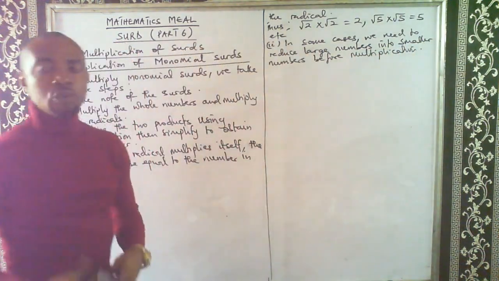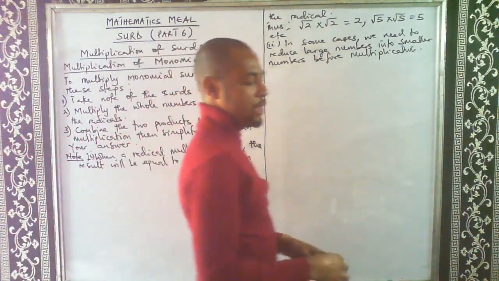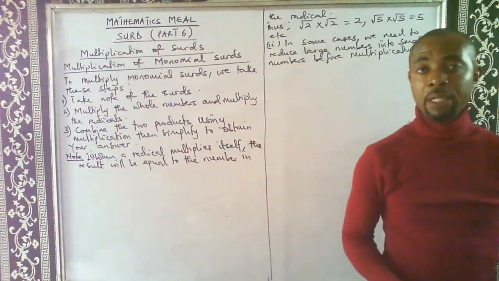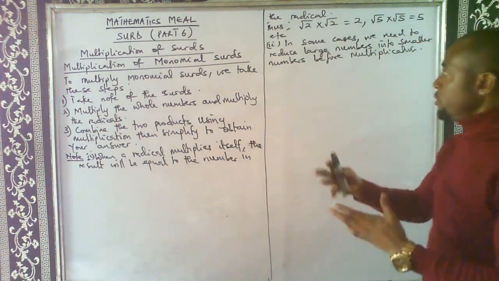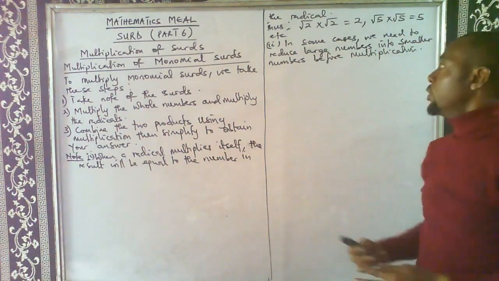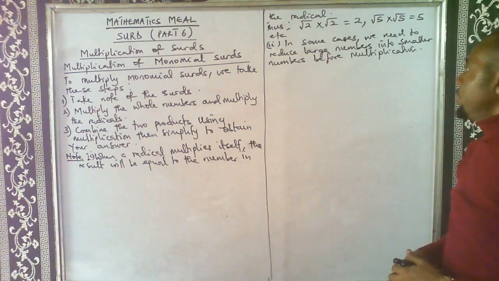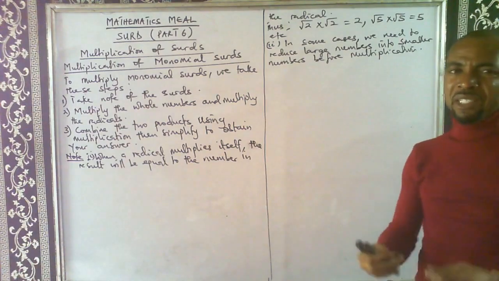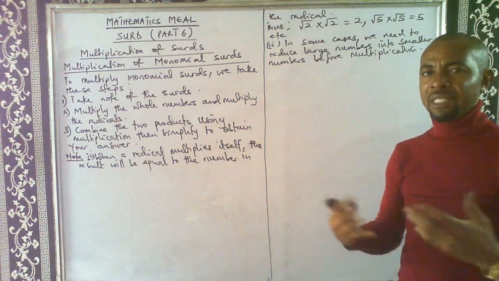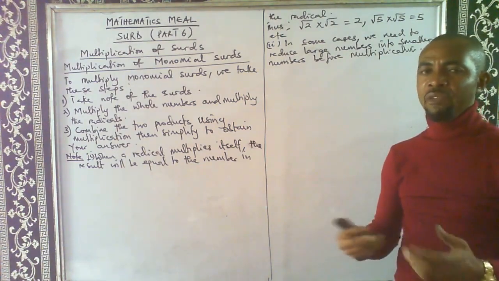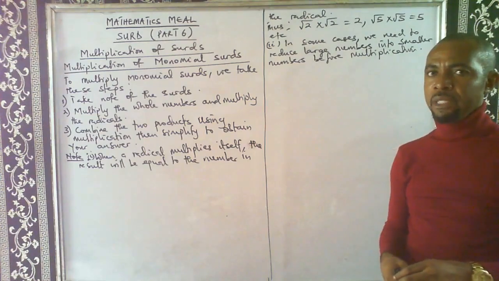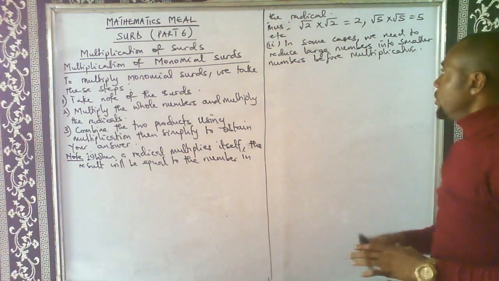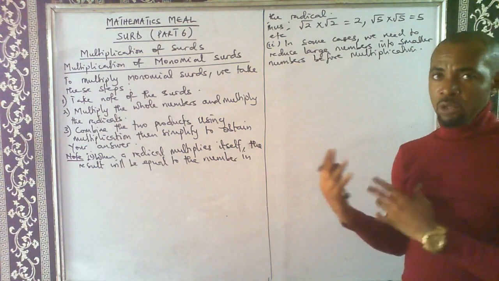So in some cases, when you have large numbers and you want to multiply, you split, you reduce the large number into smaller numbers before multiplication, so that you will not have numbers that are too large and find it difficult to express in basic form. So there is need for you to take note of this.